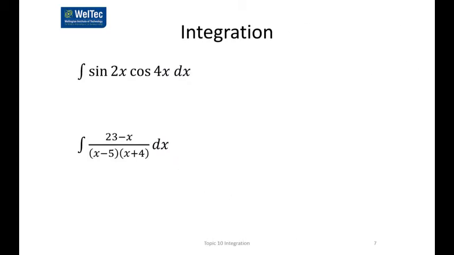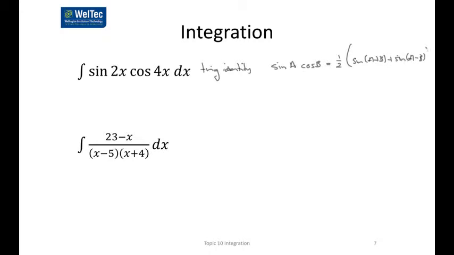As I said at the start, there's no one rule that fits all. You have to look at each case separately and ask, which tool am I best to use here? For the first one on this slide, we would be looking at using a trig identity of the sort that sine A cos B is equal to a half of sine (A plus B) plus sine (A minus B).